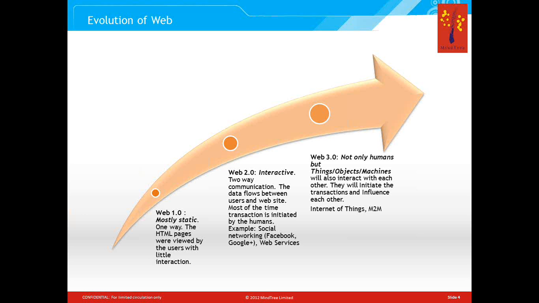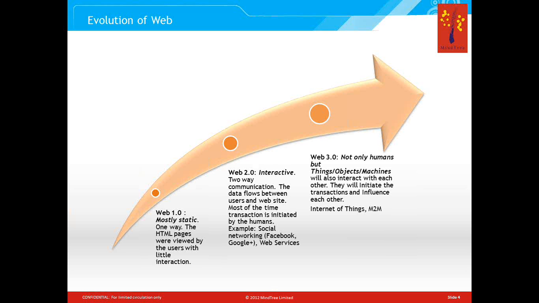So let us see what IoT is. If you look at the evolution of the Internet or web, Web 1.0 was mostly static, basically one way to deliver static content, mostly HTML pages, viewed by humans, the users, with not much interaction other than navigating through the websites.